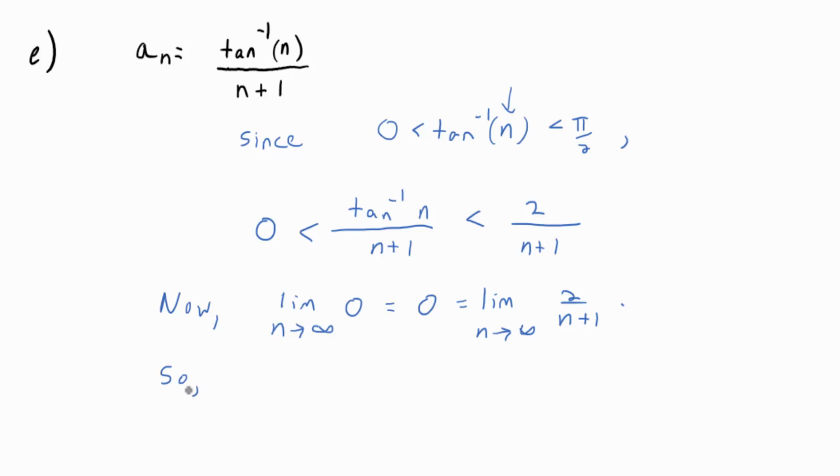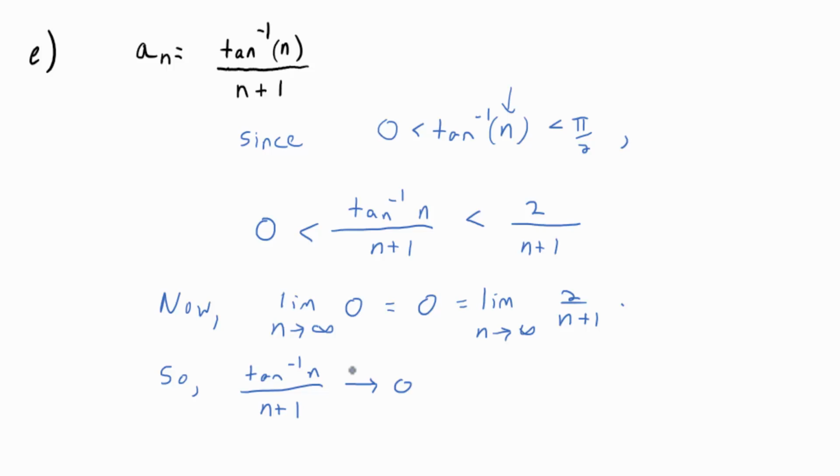So the a_n we're interested in, tan inverse n over n plus 1, converges to 0. Oops, I mixed notation in there for you. I use limit up here and arrow notation down here. If you know how to use notation, that's fine. But if you're not comfortable with the different forms of notation, use the LIM notation. If you're not sure how to write it correctly, stick with one notation, and the LIM notation works every time.